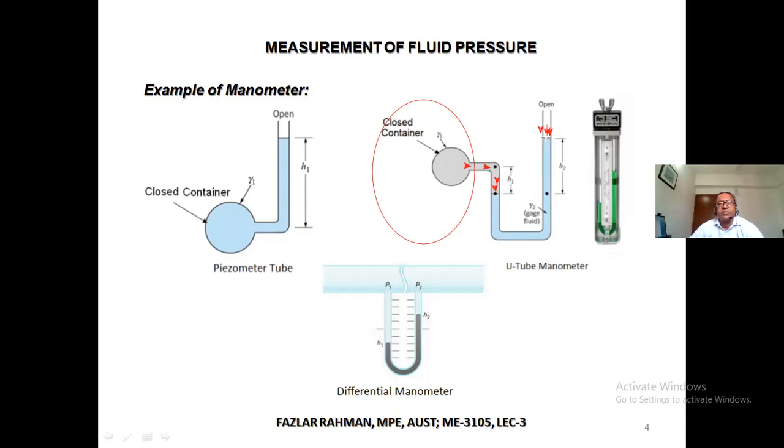So what is the difference between these two heights? If I make a straight line from this point, it is H2, right? This H2 is the difference of height of the column. From that, by measuring H2, we are able to measure the pressure in the tank. And I make a straight line over here, right?